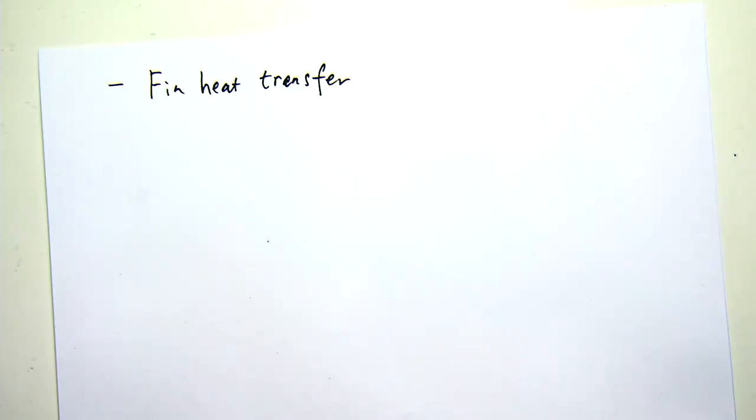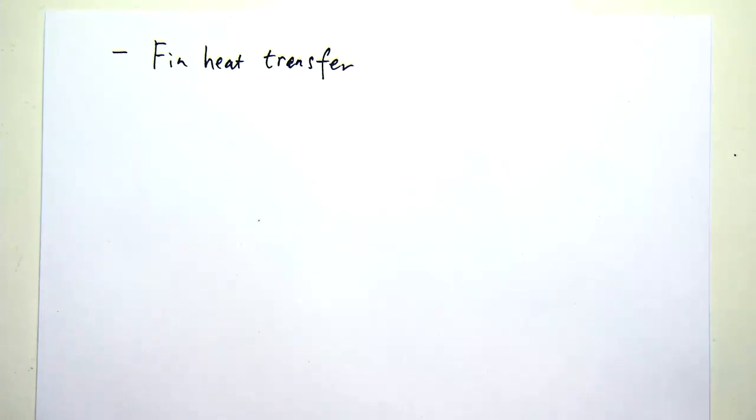All right. So in the last lecture, we discussed a different type of conduction heat transfer, which utilizes the extended surface, and in particular the subject we discussed is using a fin-like structure.